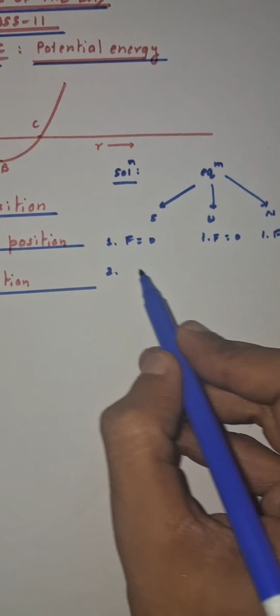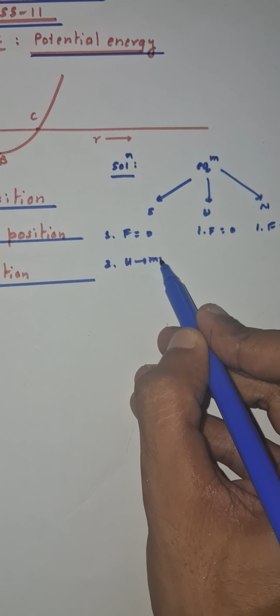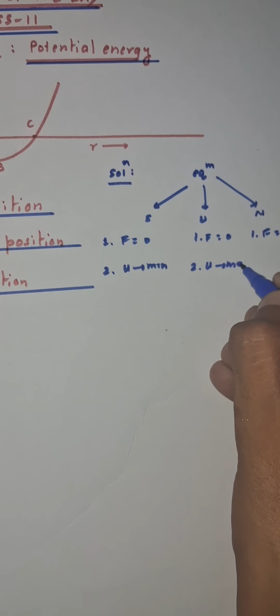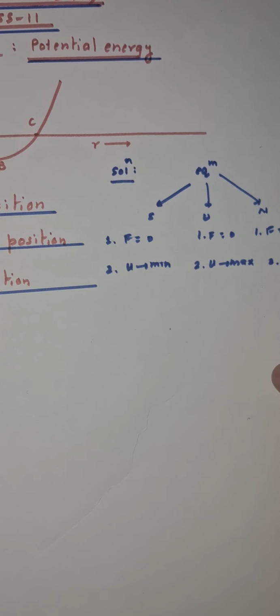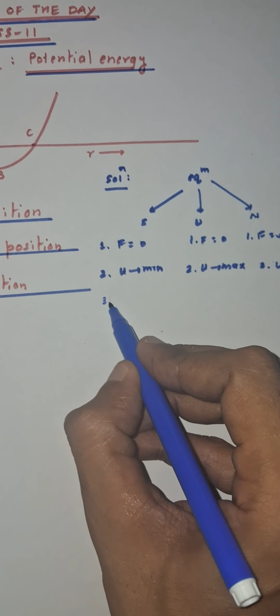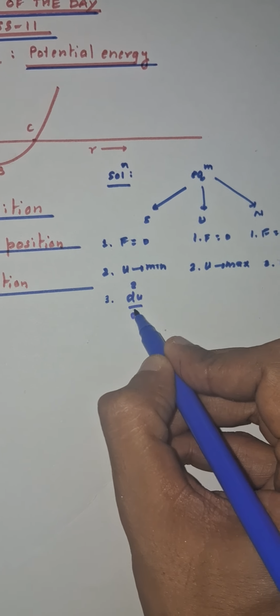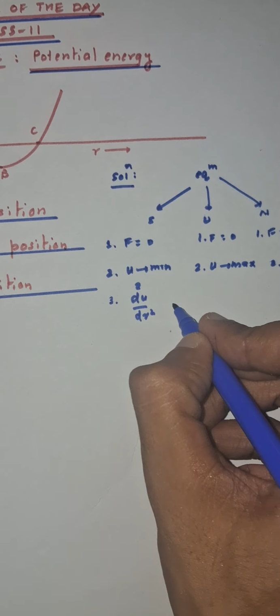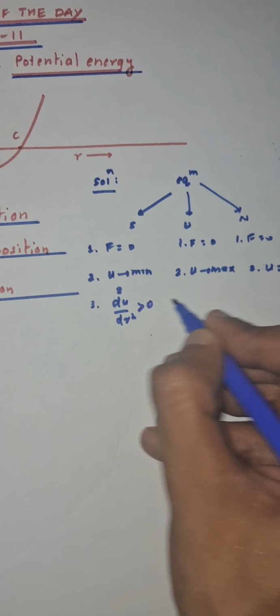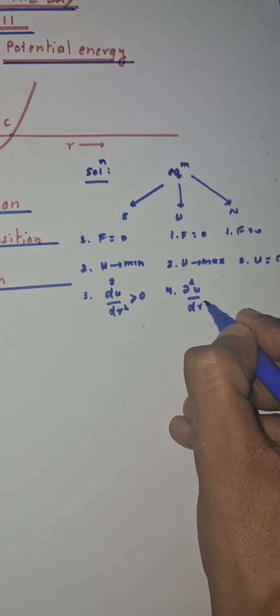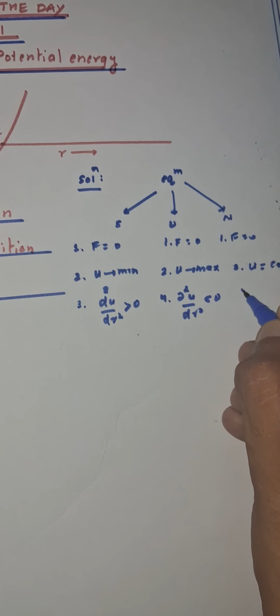Second condition is, in stable equilibrium, potential energy is minimum, whereas in unstable equilibrium, potential energy is maximum, and in neutral equilibrium, potential energy is constant, it's neither maximum nor minimum. Third condition is that the double derivative of potential energy with respect to distance is positive here, negative here, and zero here.